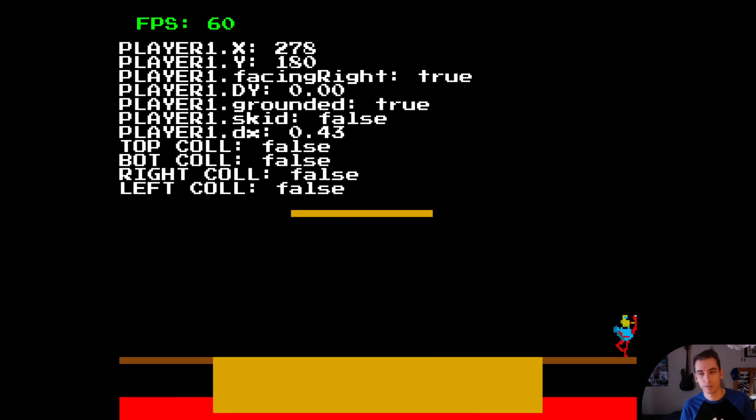See, look, I'm holding left and he's moving right, which is just baffling to me. Because if I'm holding left and dx is positive, would dx be positive if I'm holding left?